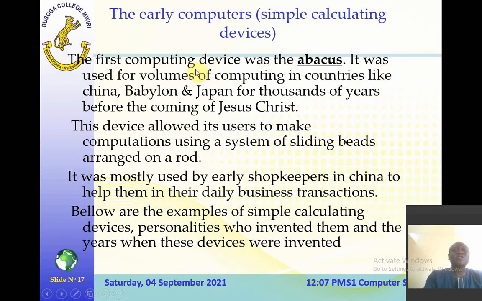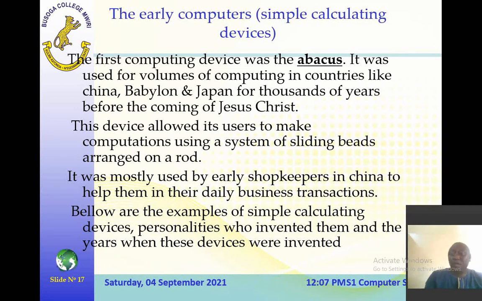It was used for volumes of computing in countries like China, Babylon, and Japan for thousands of years before the coming of Jesus Christ. You can imagine. This device allowed its users to make computations using a system of sliding beads arranged on a rod.